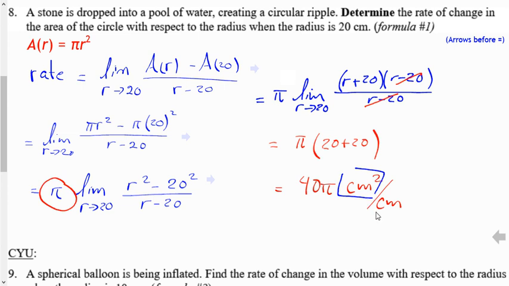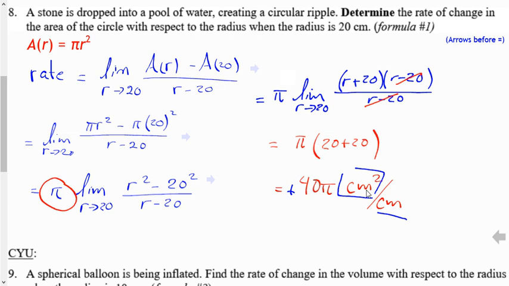So we don't want to reduce this because this ratio has meaning. What it's telling us is we have a positive here. So at the instant when we have a 20 centimeter radius, the area is increasing by 40 pi centimeters squared per centimeter at that instant.